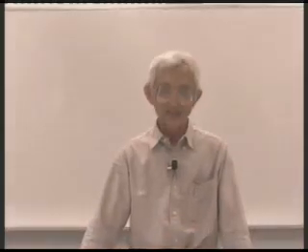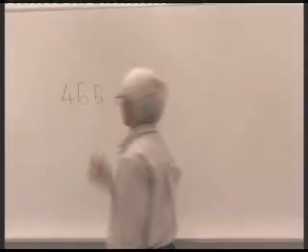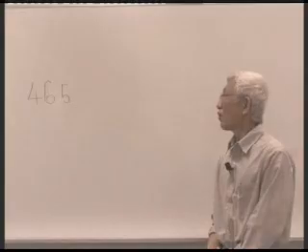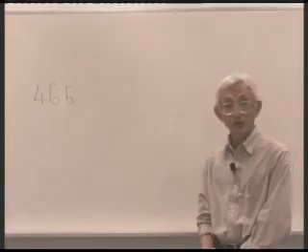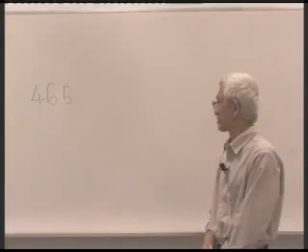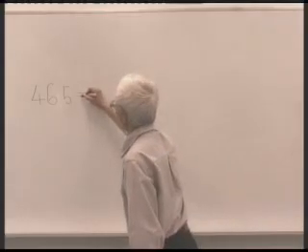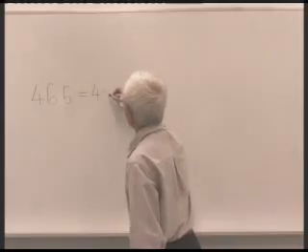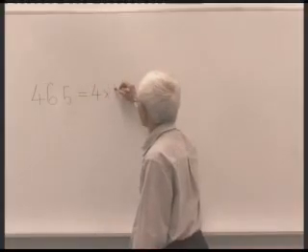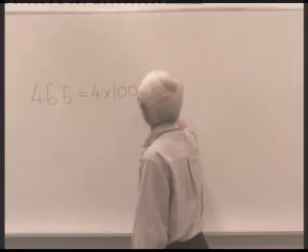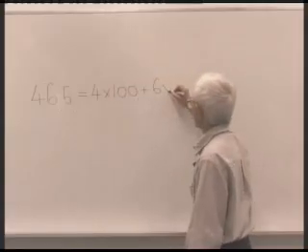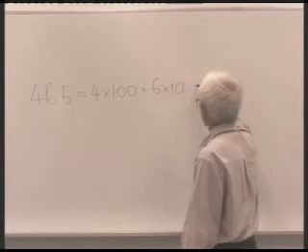Let us try another example. Is 465 divisible by 3 or not? Let us break it up again. So 465 is equal to 4 times 100 plus 6 times 10 plus 5.